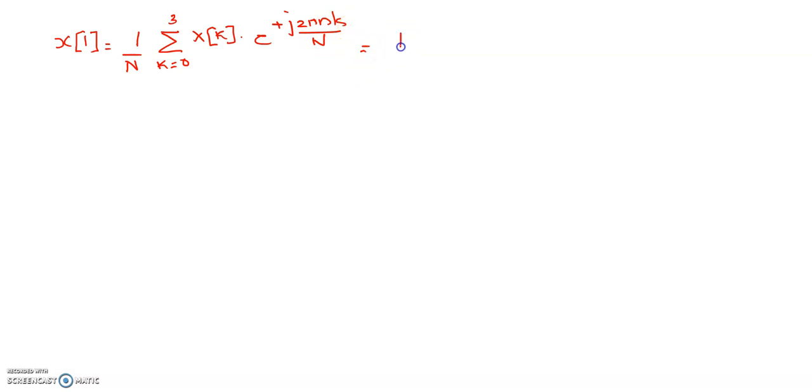Now you can see that if we substitute 1 for the value of n over here, it can be written as 1 by 4 summation k equal to 0 to 3 x of k e raised to plus j. Now since n is 1, it will become plus j 2 pi into 1 into k by 4.